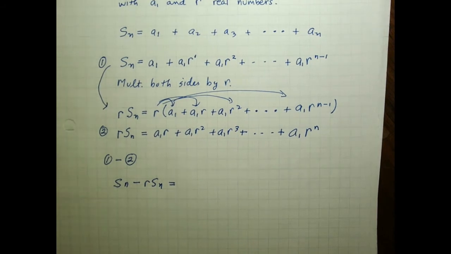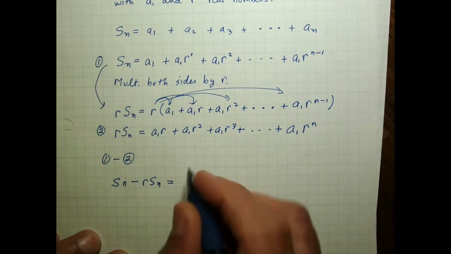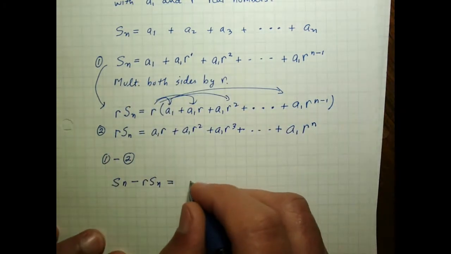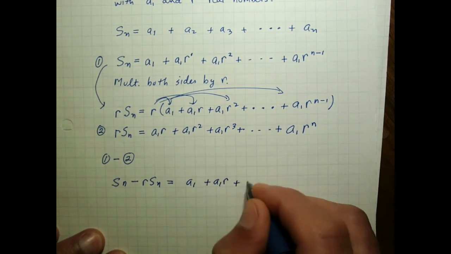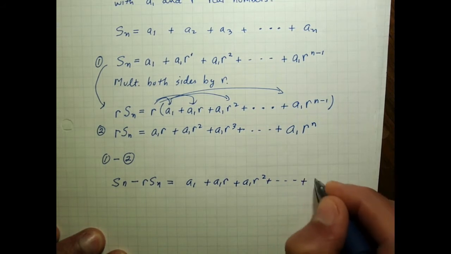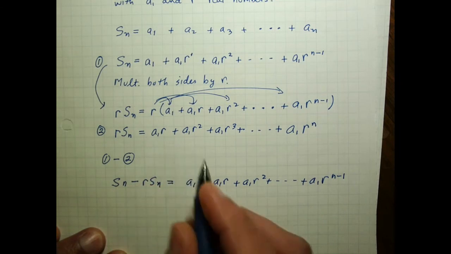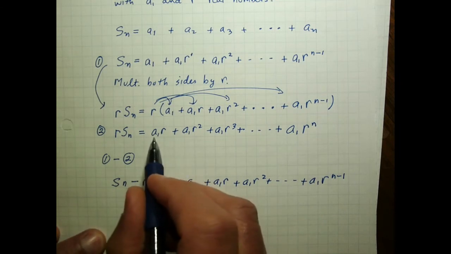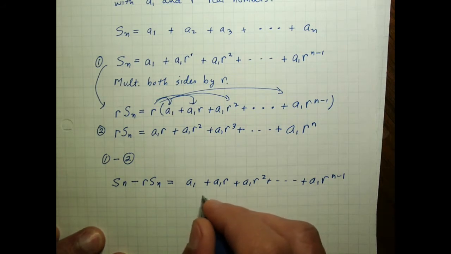I'm going to take everything in line 1 minus everything in line 2. So line 1 is a1 plus a1r plus a1r squared down the line to a1r to the n minus 1. And when I subtract line 2, I'm going to have to subtract each one of those terms on the right. I'm just going to line things up underneath.